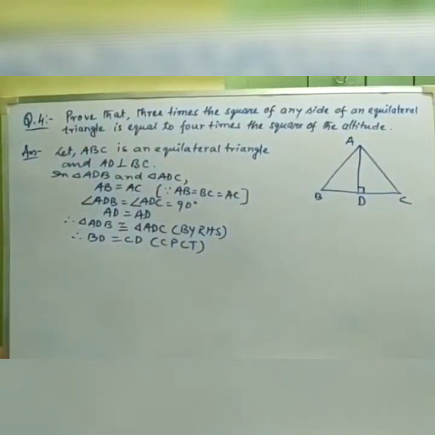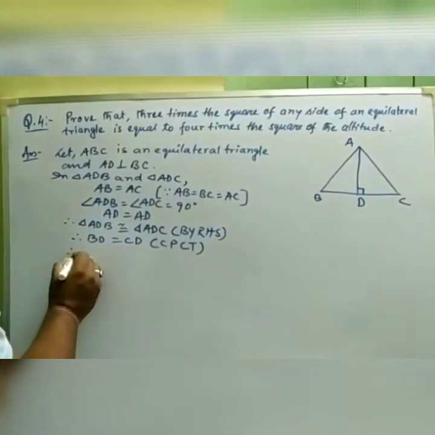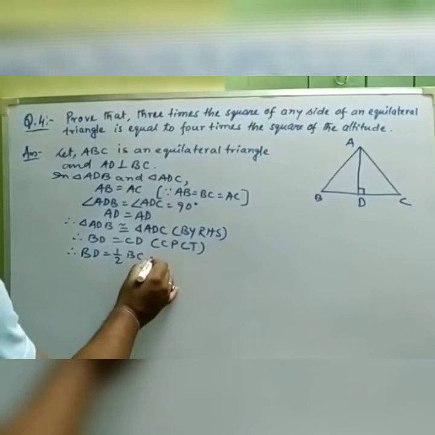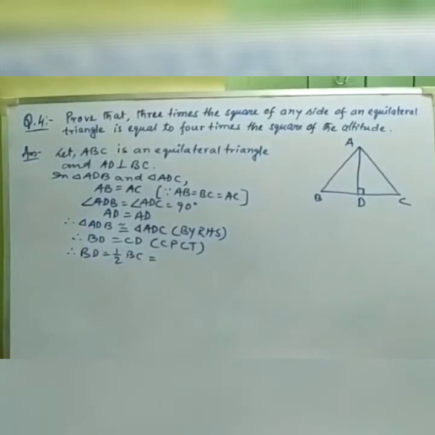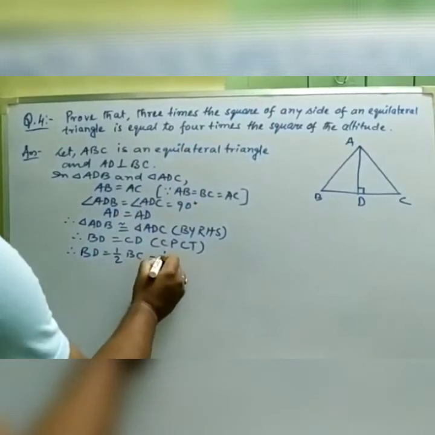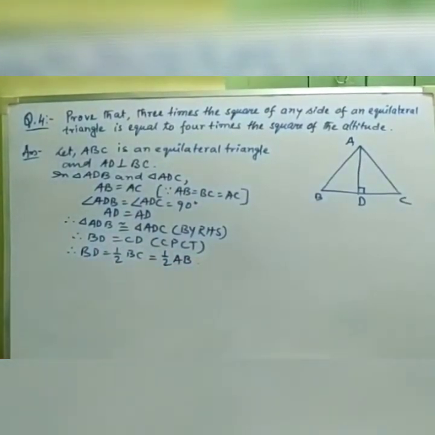So BD and CD both are equal to half of BC. Therefore BD equals half of BC, and as BC equals AB because all the sides are the same, we can write BD equals half of AB also. So we got BD equals half of AB because all three sides of triangle ABC are equal.